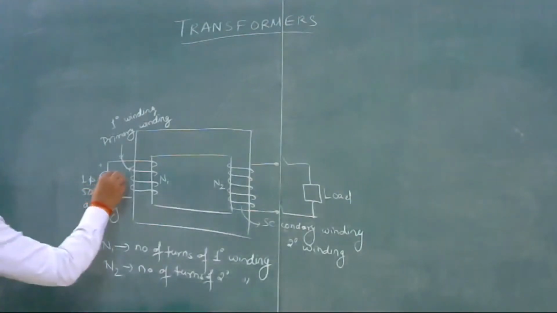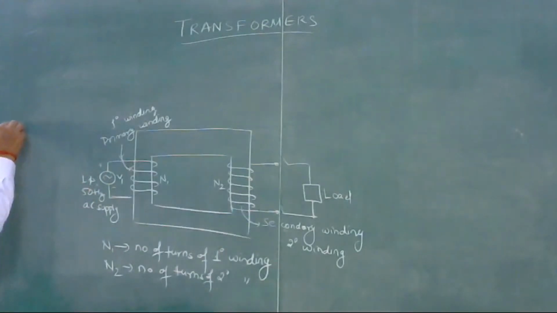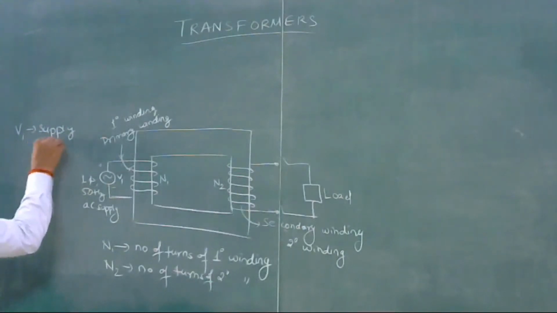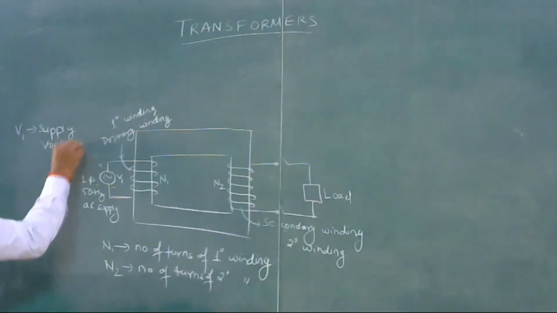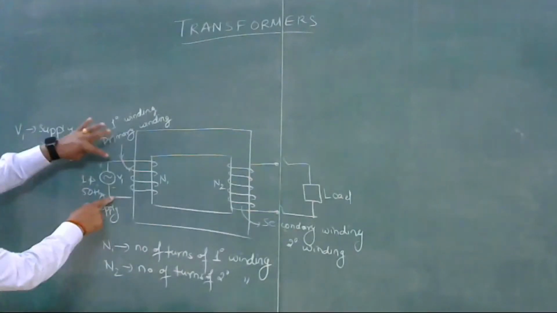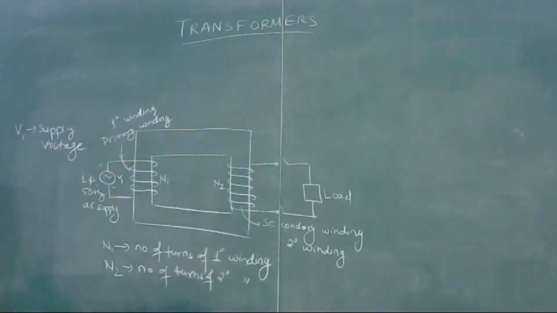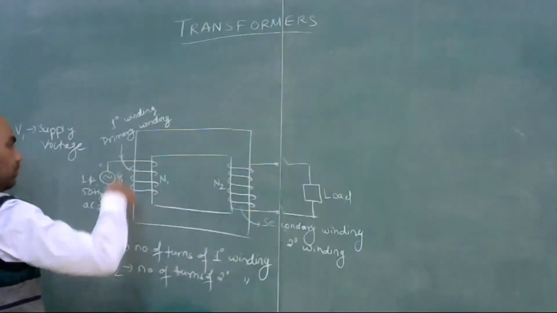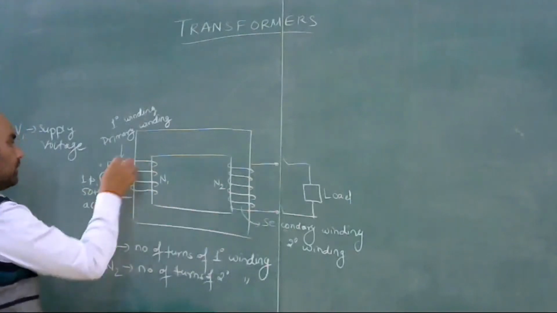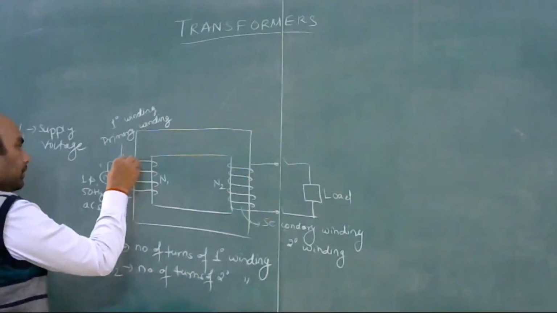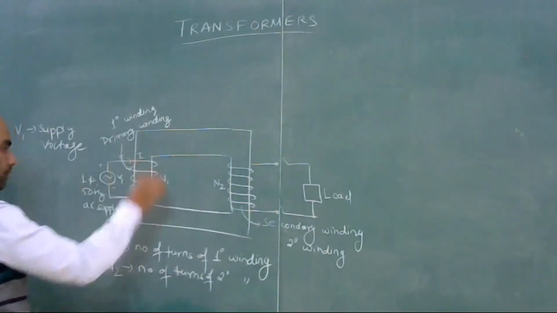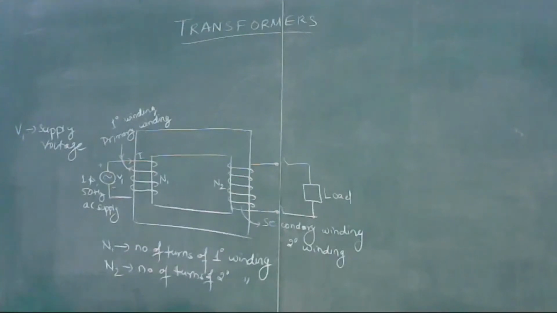Let's suppose the voltage is V1, the supply voltage. V1 is supplied to this winding, so current will flow. We applied this voltage across this winding, so current I starts flowing in this winding.